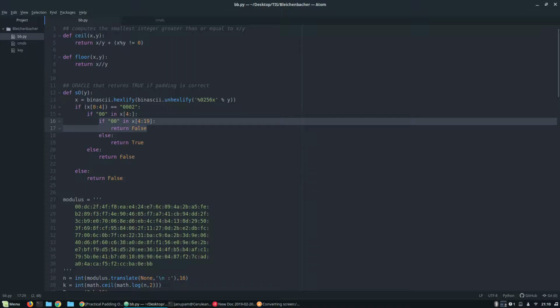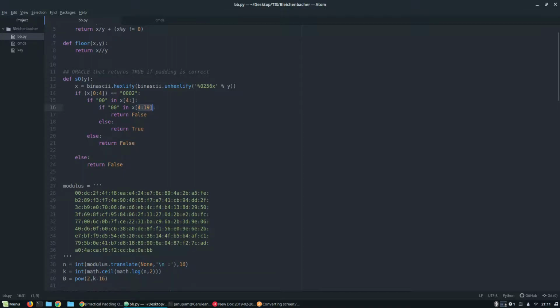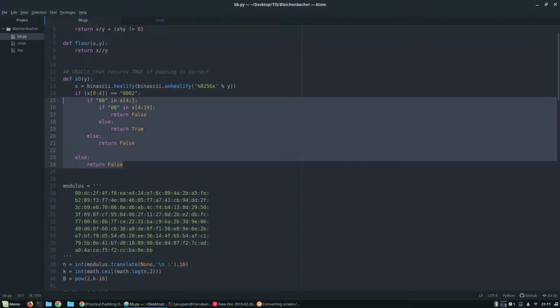Since a byte is 2 characters in hexadecimal, we are going to have this many. We have to check that 00 is not present there, and if this is confirmed, then we have a number which satisfies our padding scheme.